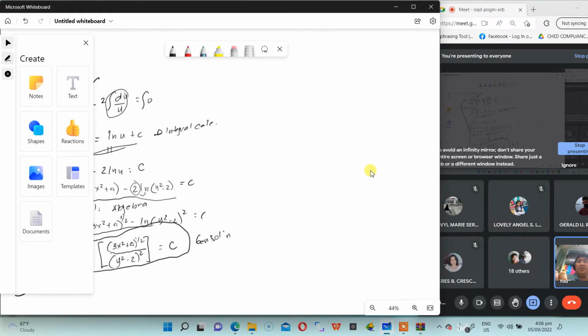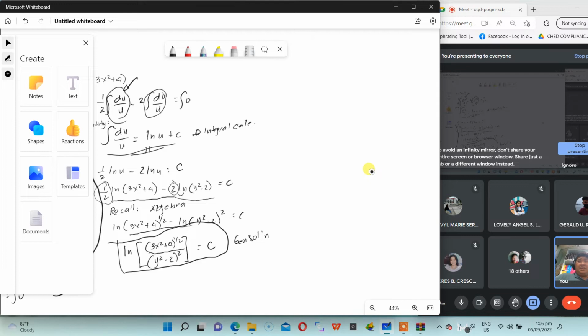There could be another solution. What is this solution? This solution involves the arbitrary constant.